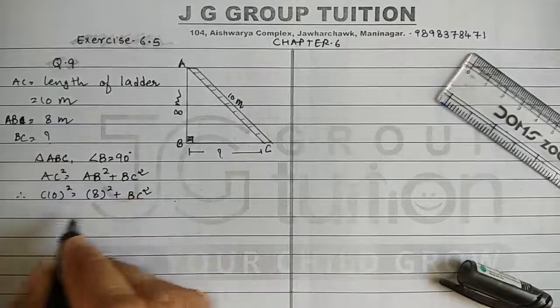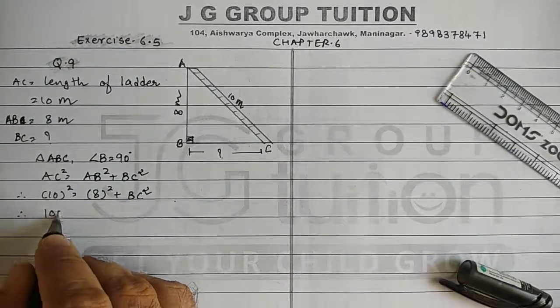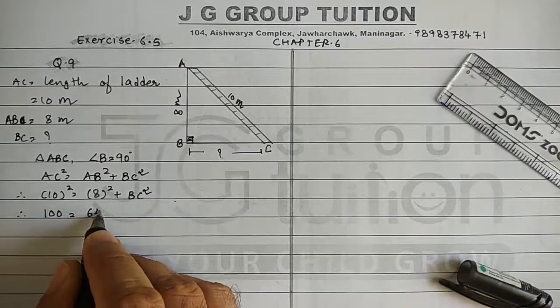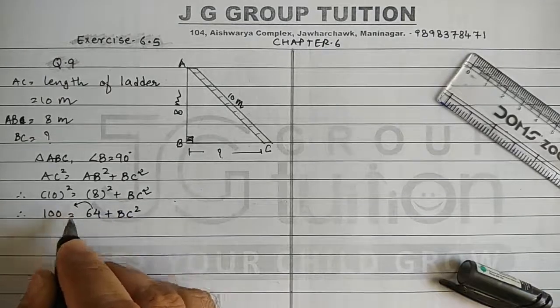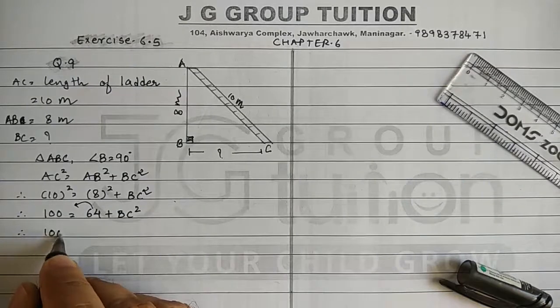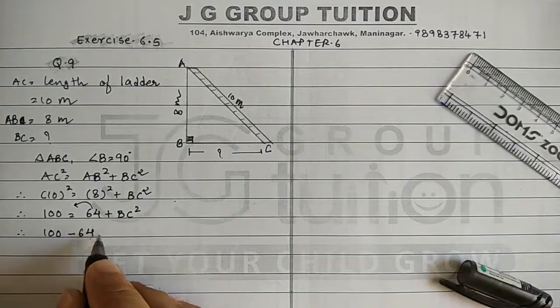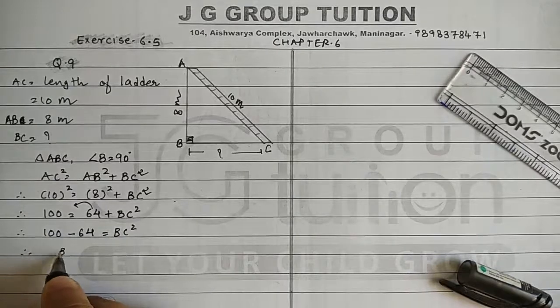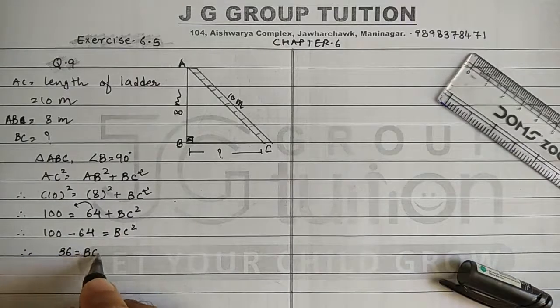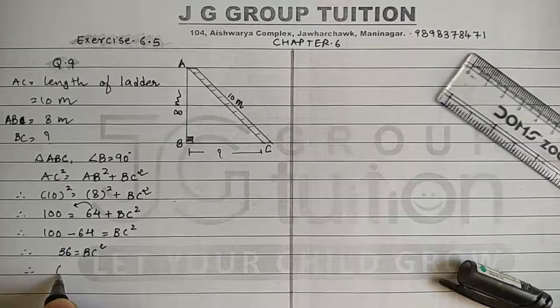Square of 10 is 100, square of 8 is 64, and BC square as it is. As we have to find BC square, I will take 64 to the left hand side, which becomes subtraction. When I do the subtraction of these two, I get 36. We know that 36 is the square of 6. So we obtain the length of BC, that is 6.